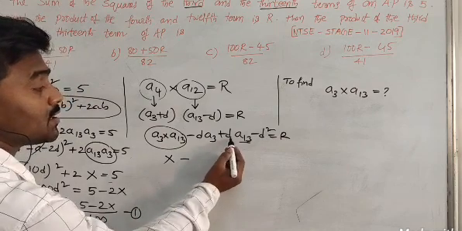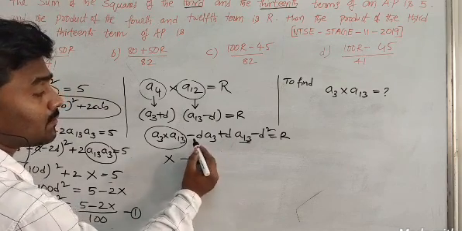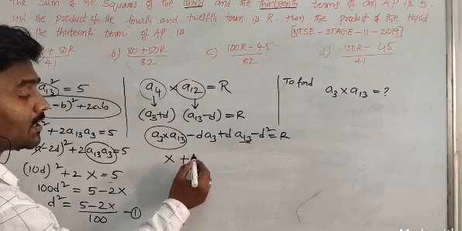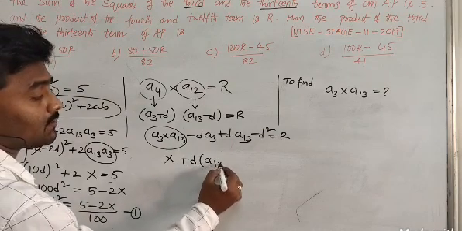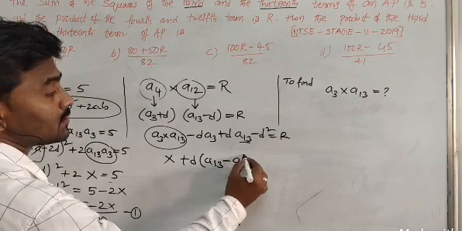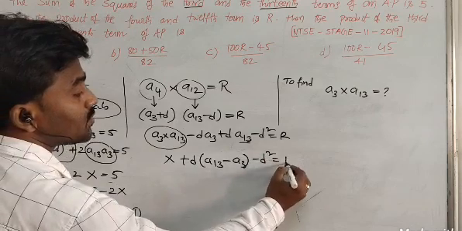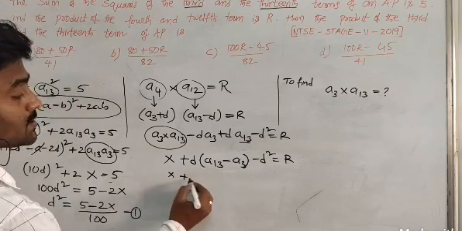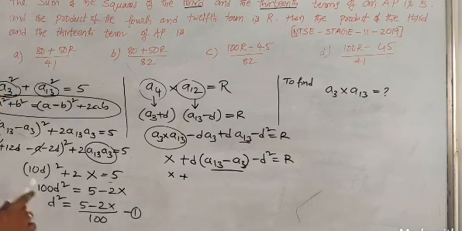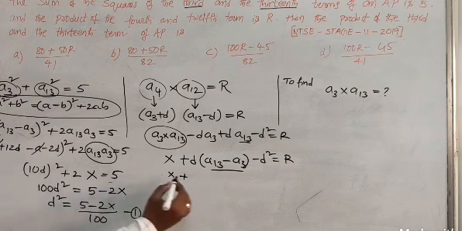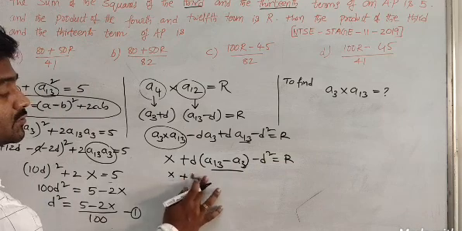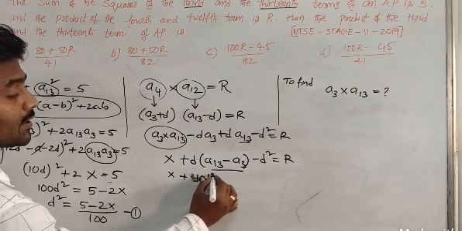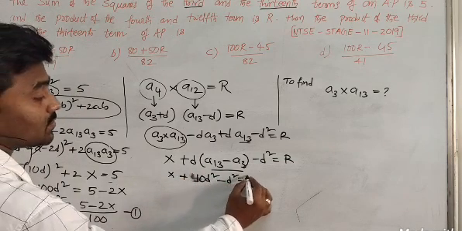Here D A13 minus D A3, we can take D common, so you get A13 minus A3 minus D square is equal to R. So x plus D into A13 minus A3, which is equal to 10D. D into 10D gives 10D square minus D square is equal to R.